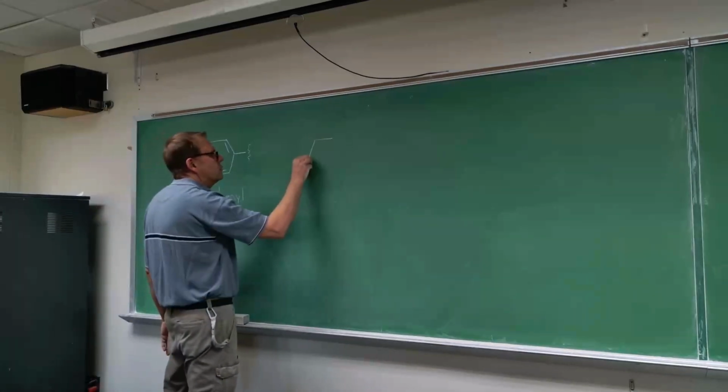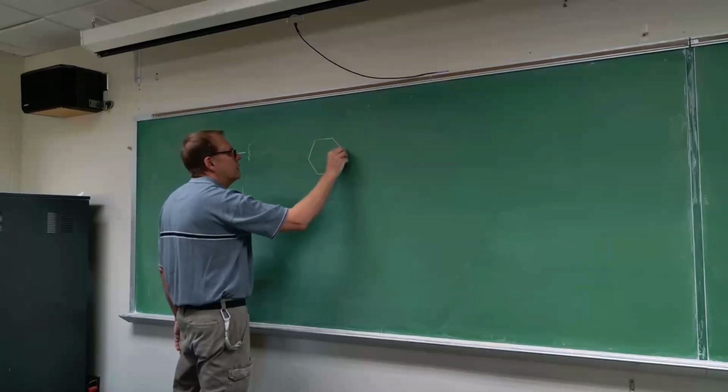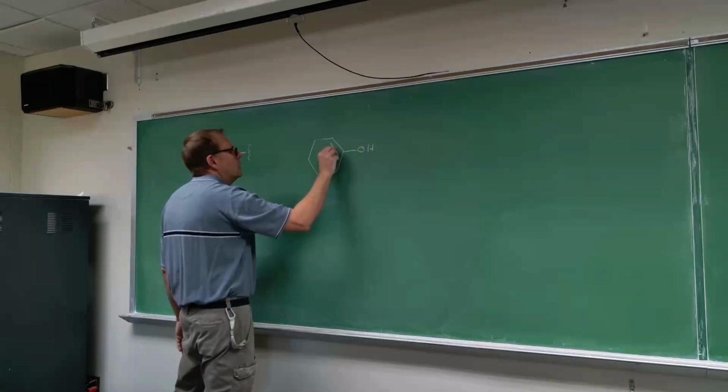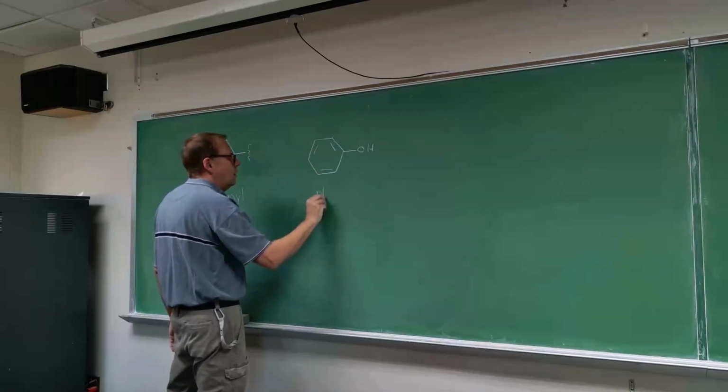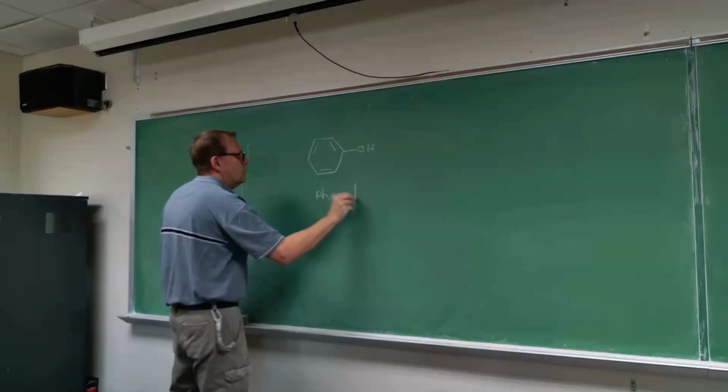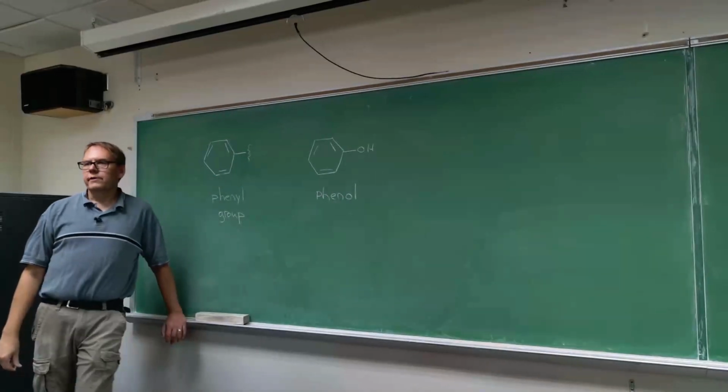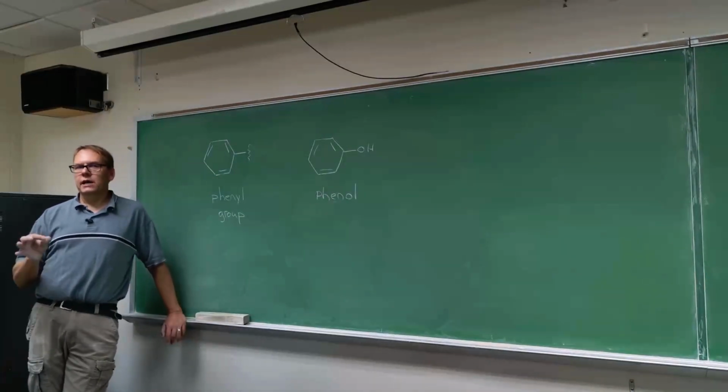So you've got phenyl group, and then this molecule, remember, is called phenol. So, I mean, they look very, very similar, and if you're not careful, you might accidentally mix them up, but try not to.